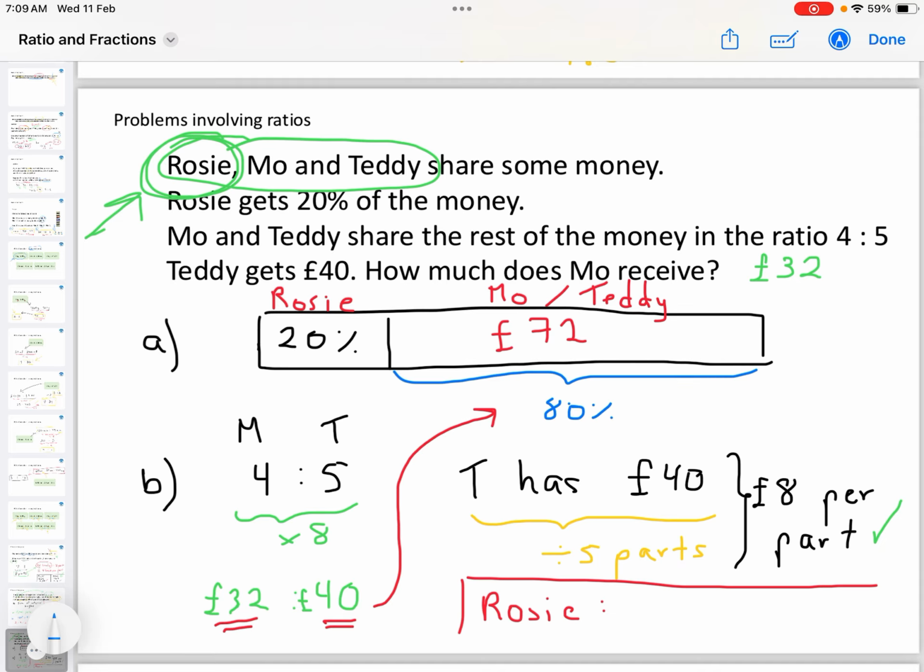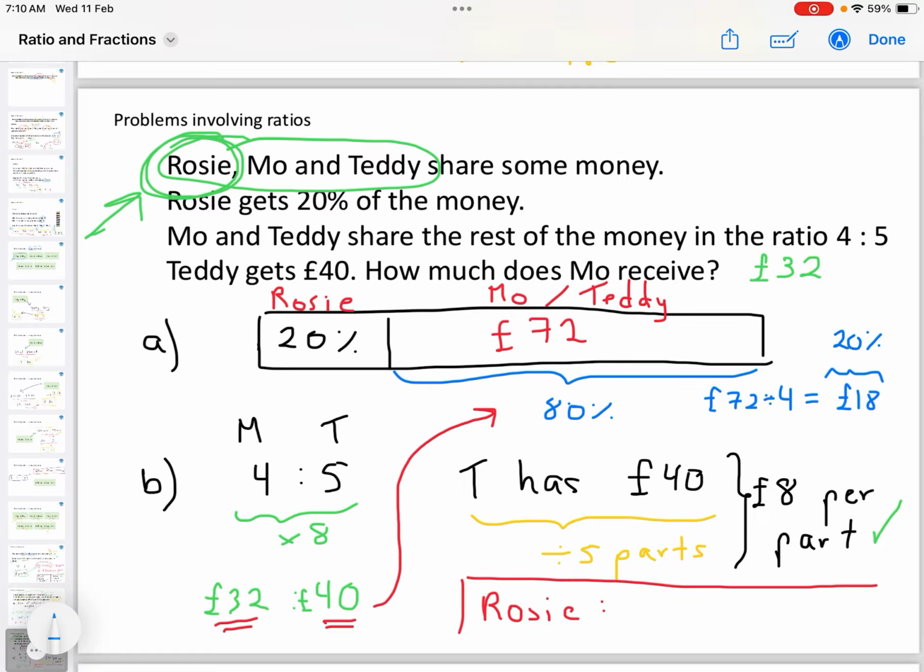72 pounds is 80%. So what you can do is divide 72 pounds by 4. If you divide 72 by 4, what you're going to find is that 18 pounds is 20%.